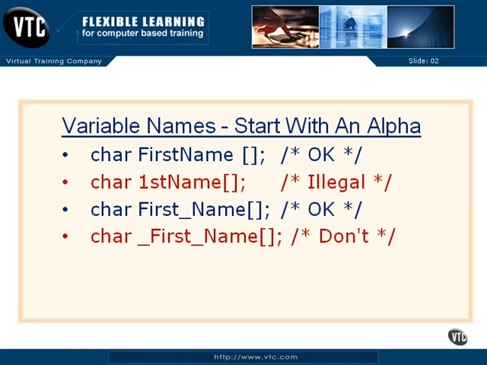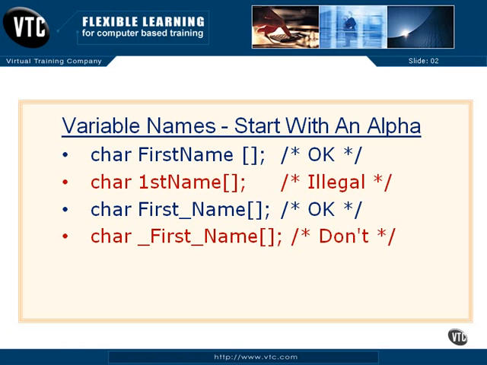There you can see the character array that we have, which is going to be a bunch of characters put together. We haven't said how big yet because there's nothing inside those little square brackets. You'll see how we do that, of course, when we get to arrays and those kinds of things. But we care about the first name right now, talking about variable names. So there we have a character first name. That's just fine. It starts with an alpha. You understand what it's for? Good.